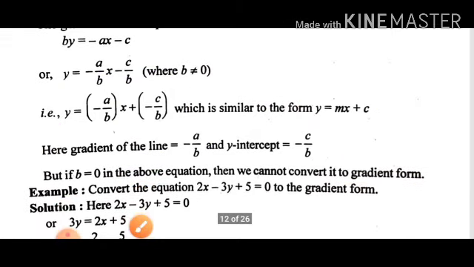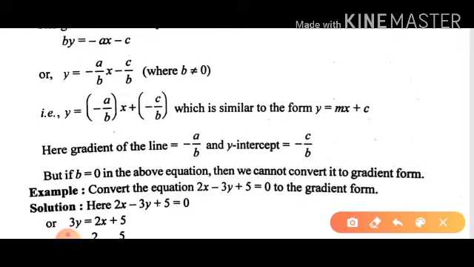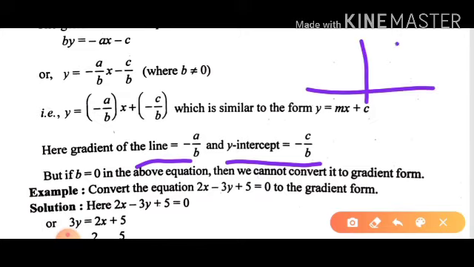So m is the gradient of the line, and c is the y intercept. If you remember, c was the y intercept, from here to here.